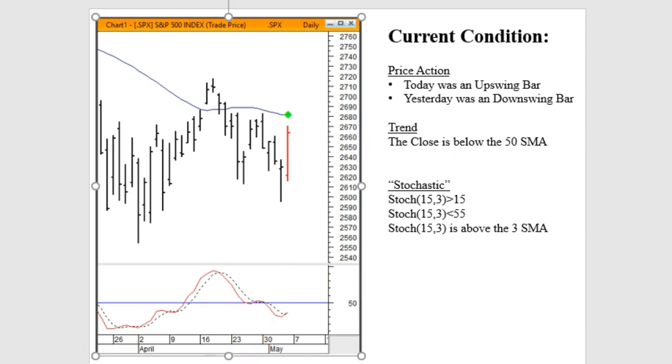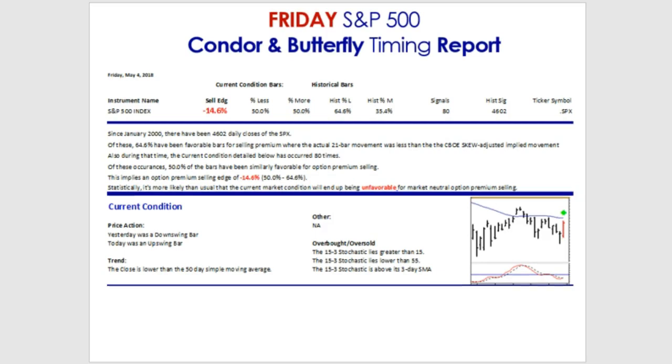With that information, let's go to the first report, the Condor and Butterfly timing report. All right, so we have had roughly 4,600 daily closes of the S&P 500 since Jan of 2000.